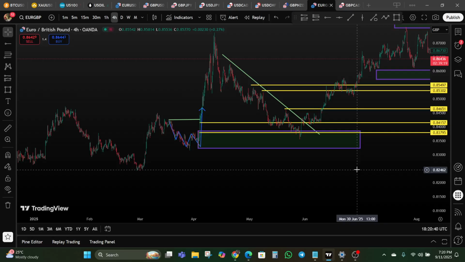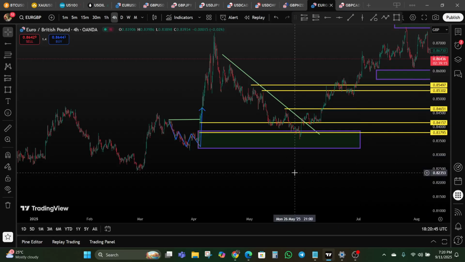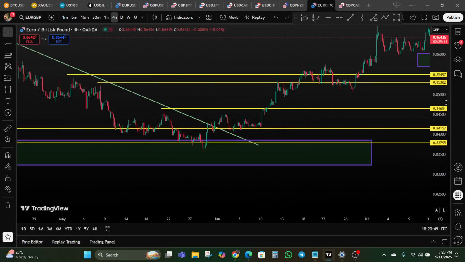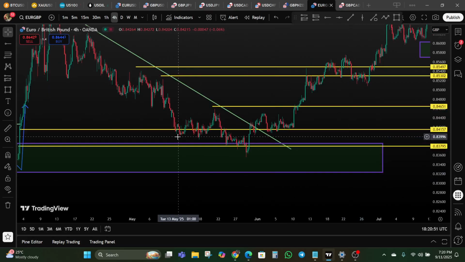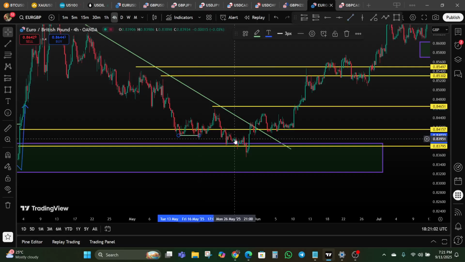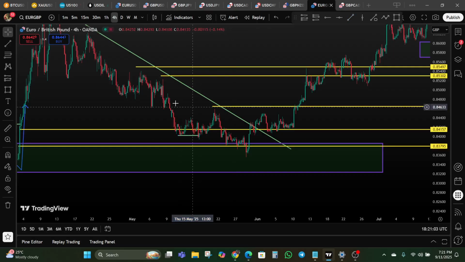First of all, you need to identify where liquidity sits on your chart. Look at equal highs and equal lows, right? You can see what we had here. For example, this was not a perfect equal low, because this is just a low, right?